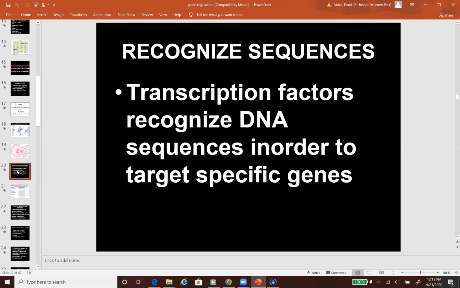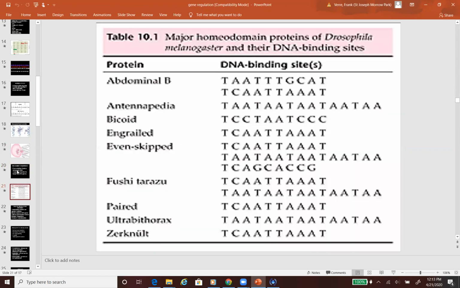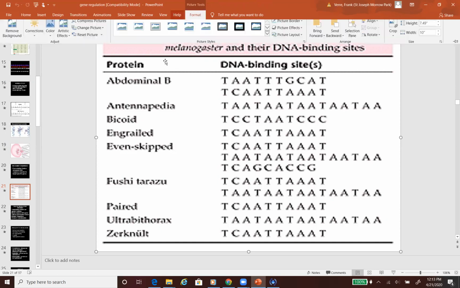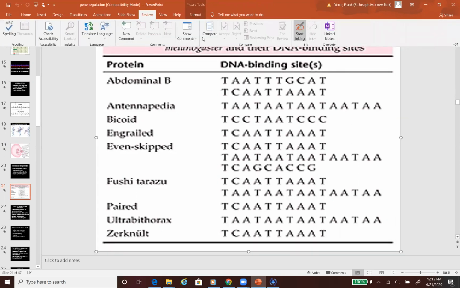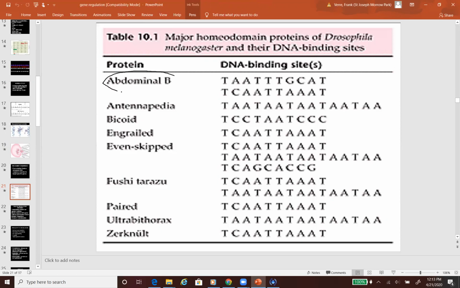So the way they do that is the domain recognizes sequences on the DNA. Here are some examples. So here are some transcription factors or regulatory proteins that were found, for the most part, in fruit flies. I think these might have all been found in fruit flies. For example, this one here called abdominal B, you can see it recognizes particular sequences on the DNA strand.